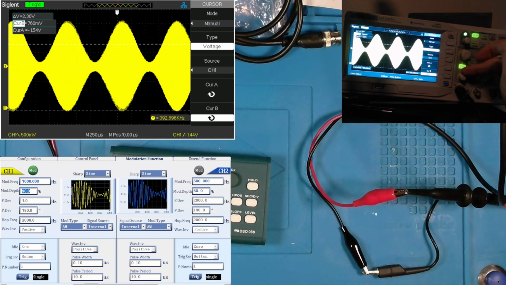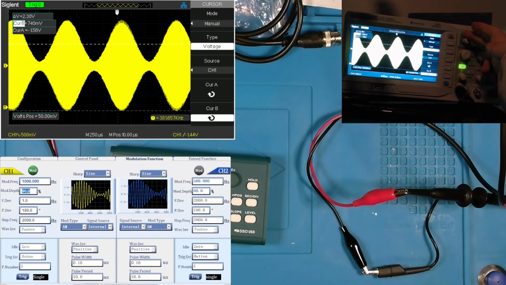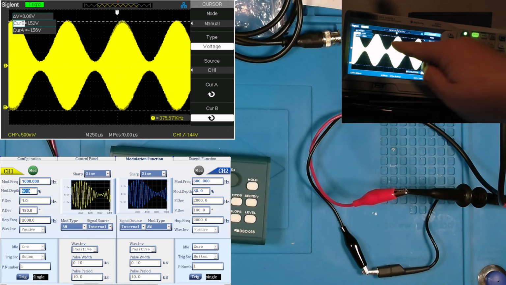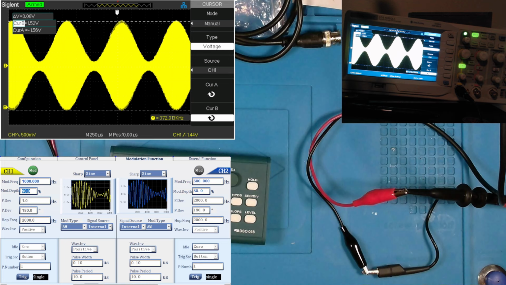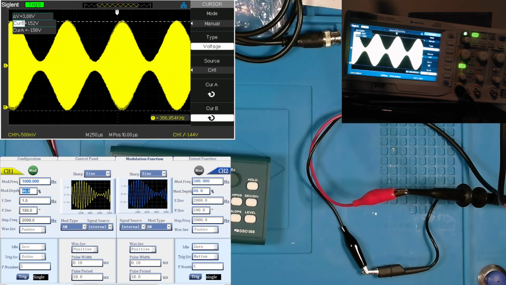Channel B. Oh, I'm doing the wrong thing again. There we go. To the top peak. And we've got a delta of 3.08 volts. I'm going to write that down.